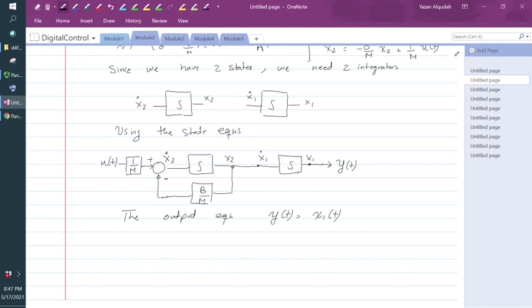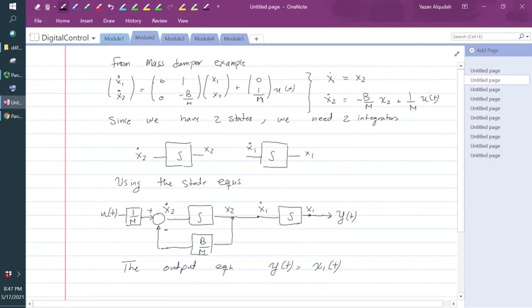If we have 3 states, we're going to have 3 integrators. 4 states, we're going to have 4 integrators. Then using the equations that relate the states to each other, we can connect the integrators' outputs and inputs, and using the output equation, we can also indicate where the output is in the all-integrator block diagram.